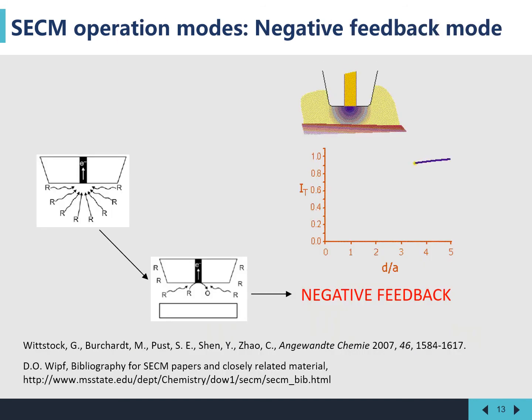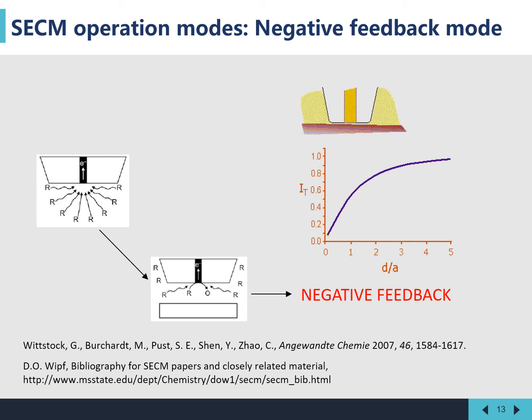Let's have a close look inside negative feedback mode. When a probe is placed in bulk solution, the diffusion pattern of R is hemispherical. While the probe is approaching an inert surface, such as an insulator, the diffusion of R is hindered.